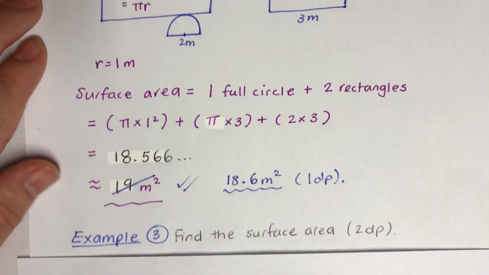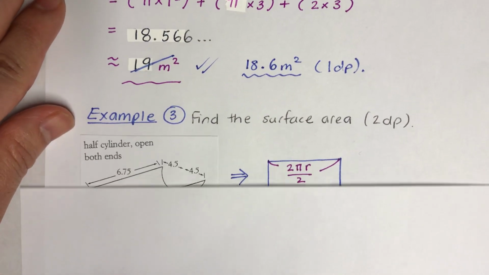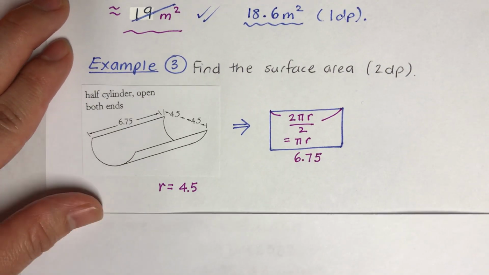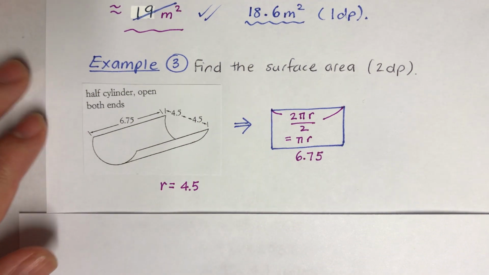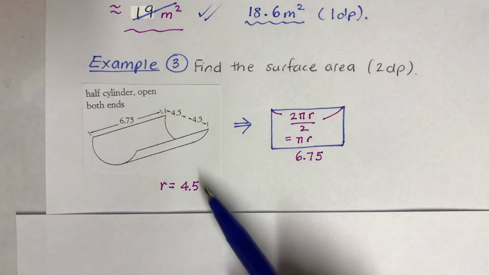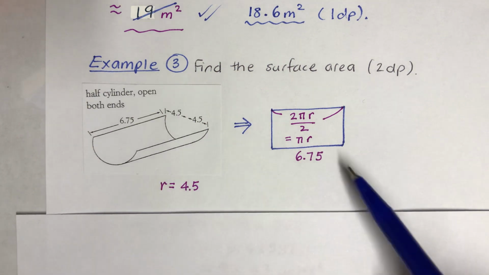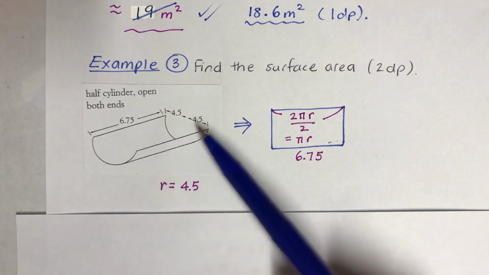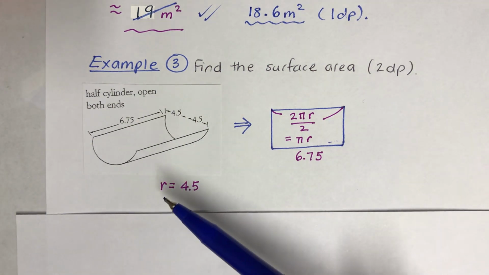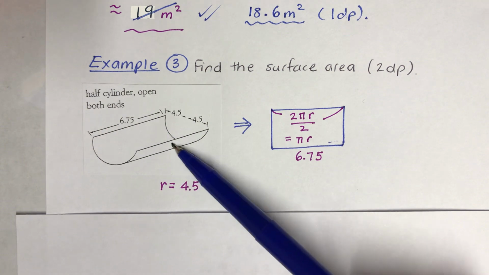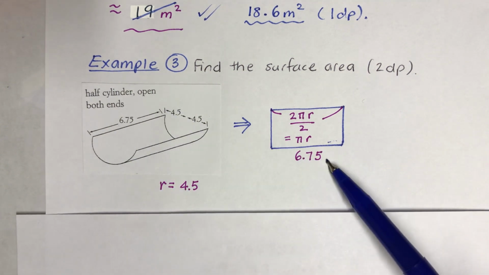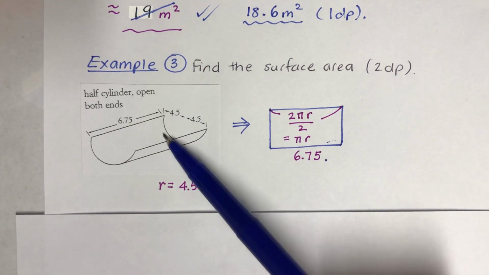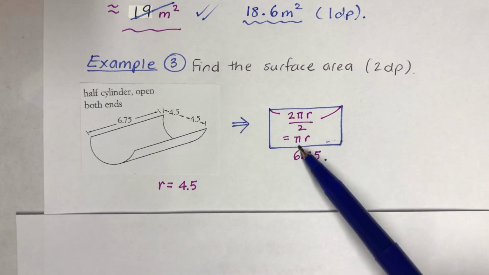All right. Next one. Now this is interesting. Find the surface area of a half cylinder, open at both ends. It's just one flat rectangle, really, if you think about it. So there's nothing in the front and the back and the top. If I flatten this up, I will get 6.75 here, and this part will be half of the circumference, which is pi r.